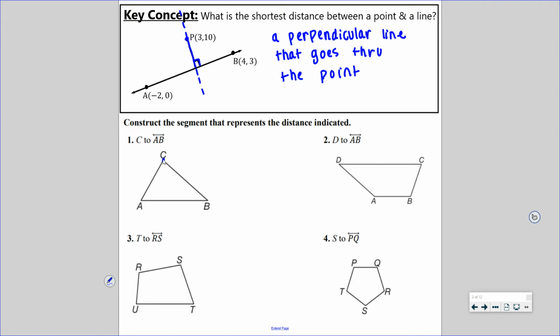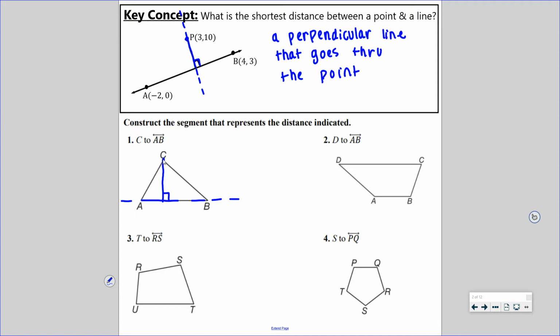So do your best to draw straight down, perpendicular to that side AB. That would be the shortest segment there. You can extend the line if you need to. Draw a right angle too, to say it's perpendicular.